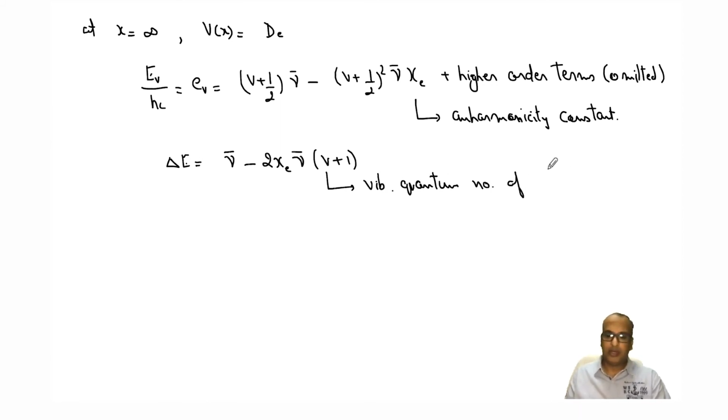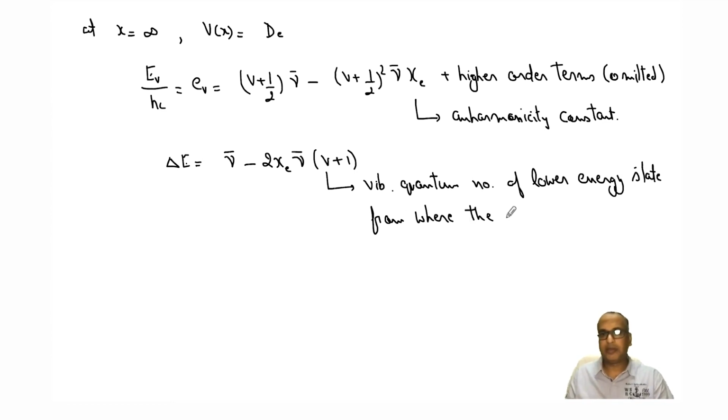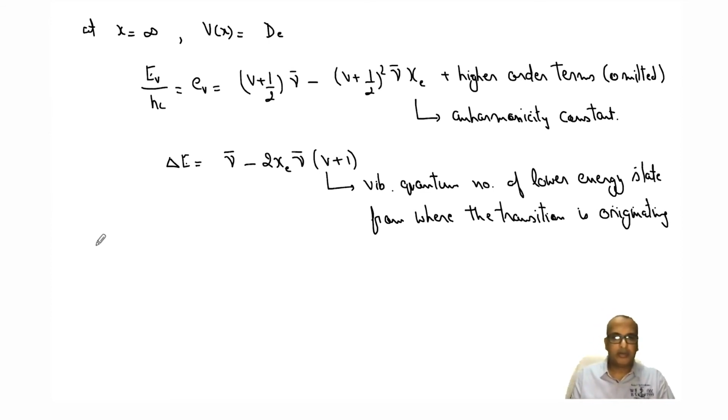of the lower energy state from where the transition is originating. Okay, so now you have delta E. You can also calculate the population difference between v equal to 0 and v equal to 1.